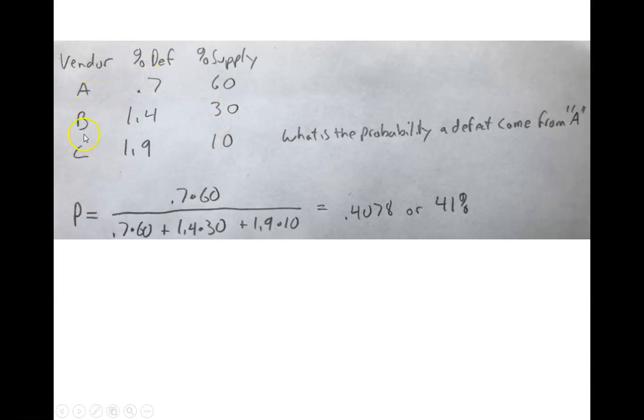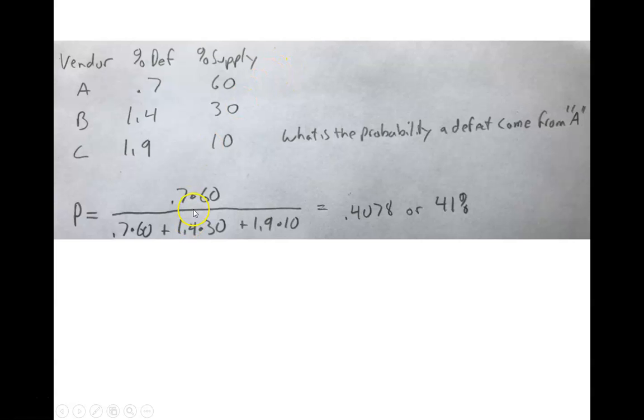So for vendor A, B, and C, here's their percent defective rate, and here's the percent that they supply. Since we're looking at the probability that the defect came from vendor A, on top I put the percent defective times the percent supply. That gives us, in a roundabout way, how many defects they supply.